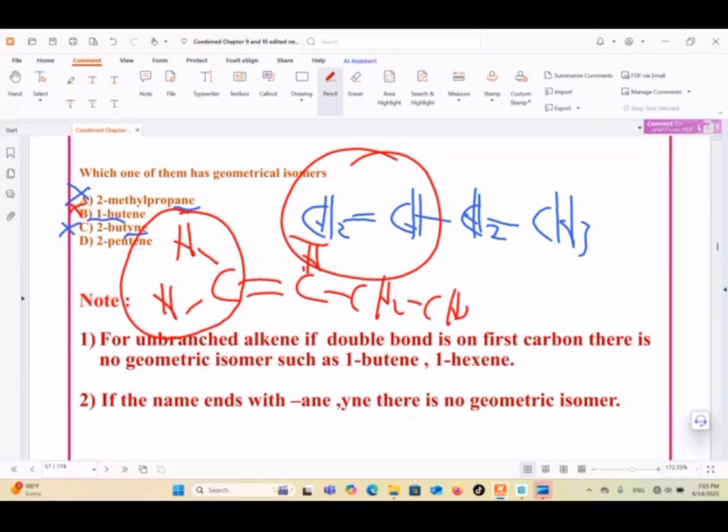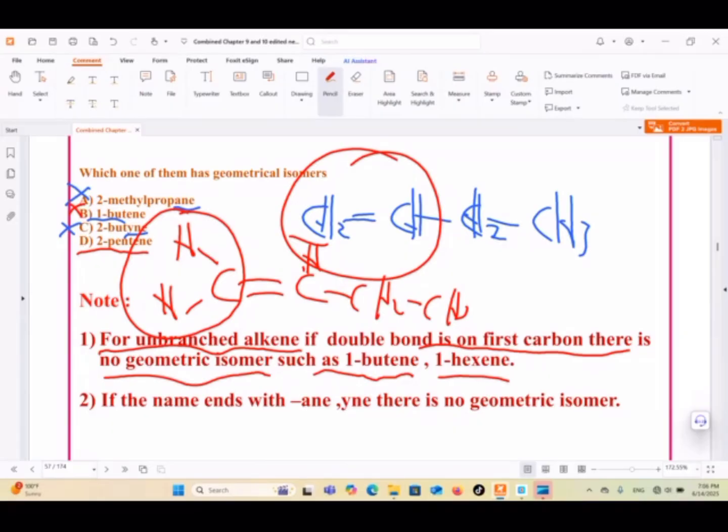Now let us test for 2-pentene. A note about B, guys: this is for unbranched alkenes, it's not useful for branched. If the double bond is on the first carbon, there is no geometric isomer, such as 1-butene, 1-hexene, 1-heptene, and so on.